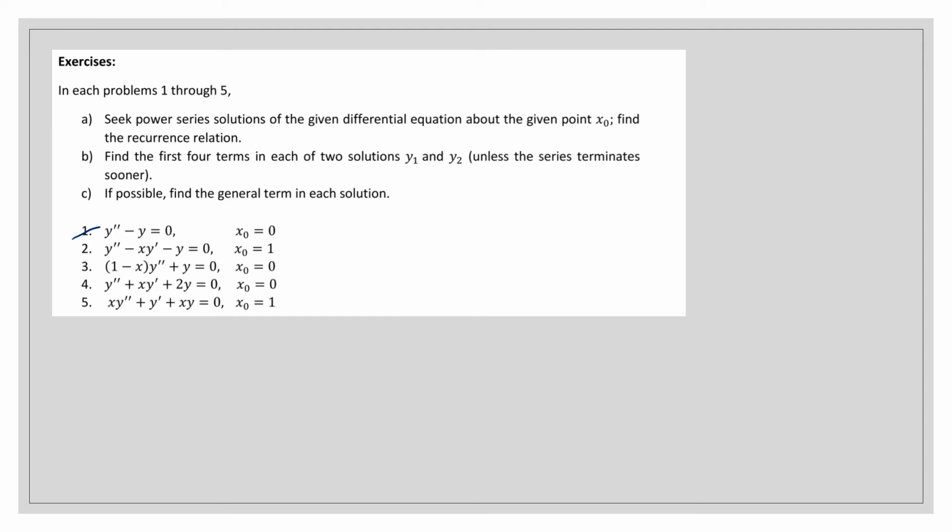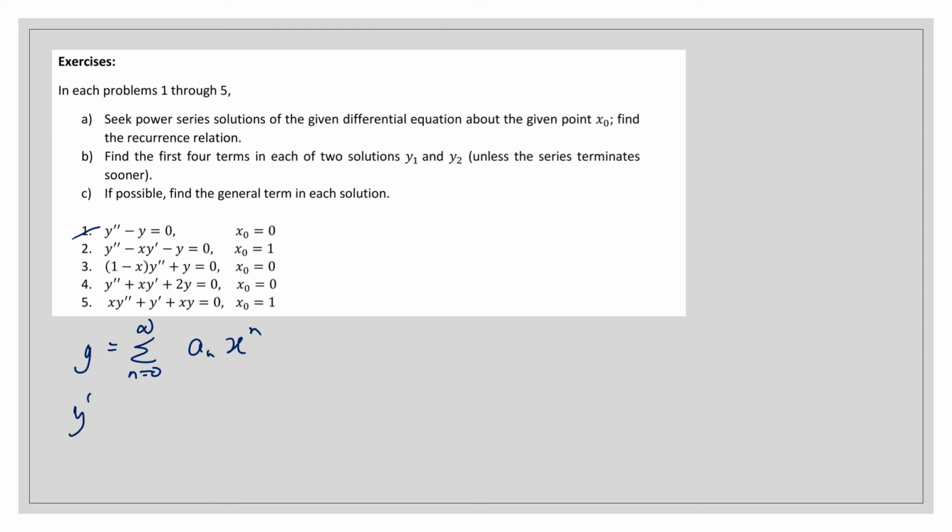Okay, for now I want to show you the first equation. So we want to solve y double prime minus y equal to 0 at x0 equal to 0. Because we want to find the power series solution, we assume our solution is y equal to the summation from n equal to 0 of an x to the n.